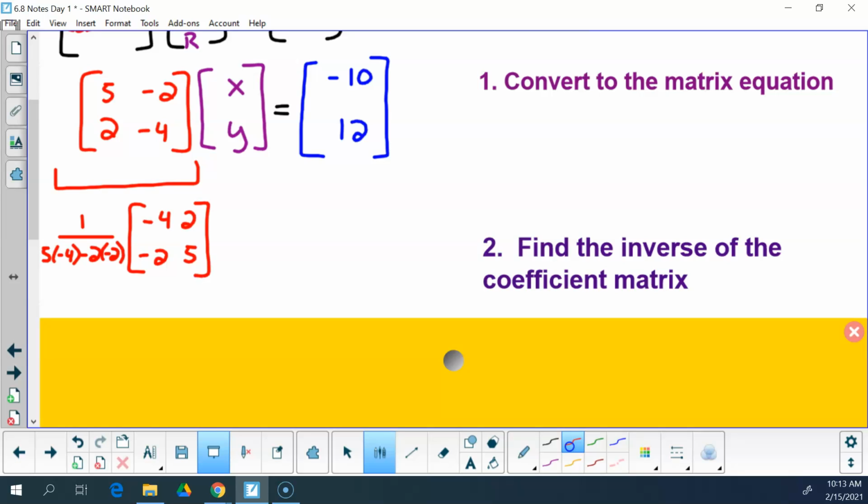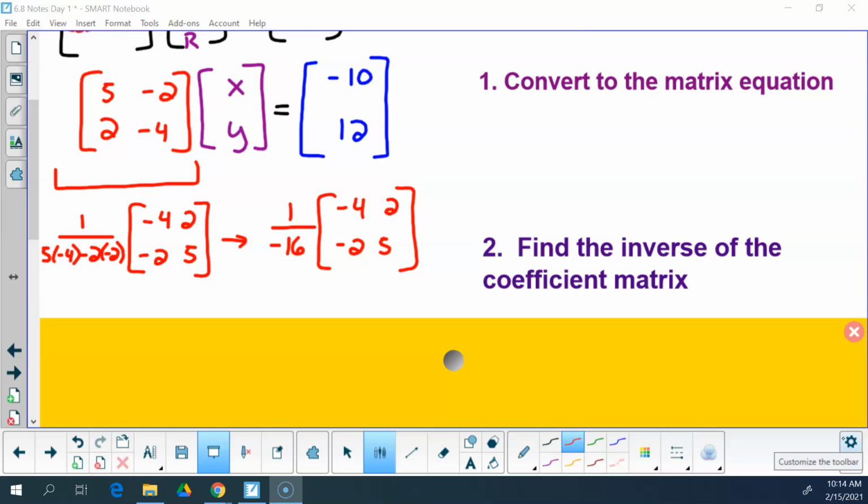Switch the criss, negate the cross. So that becomes 1 over negative 20 plus 4, which is negative 16, and 5. Okay, so we found that inverse.